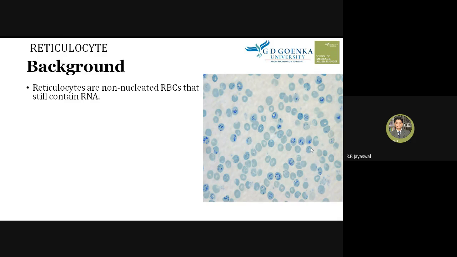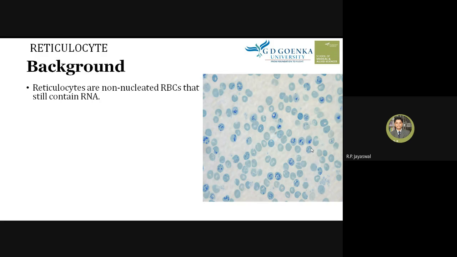There are two types of cells in the image. One type of cells usually doesn't have the dark bluish color in the cytoplasm. So the cells lacking bluish color in the cytoplasm are usually the mature red cells.